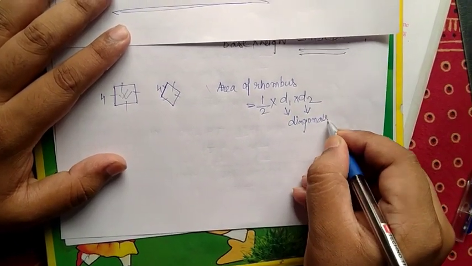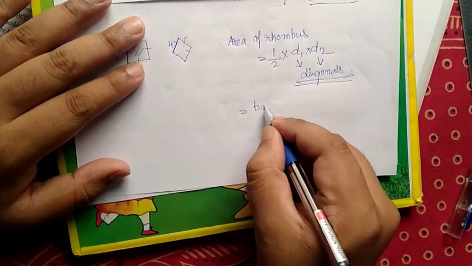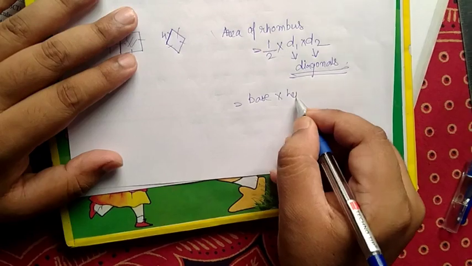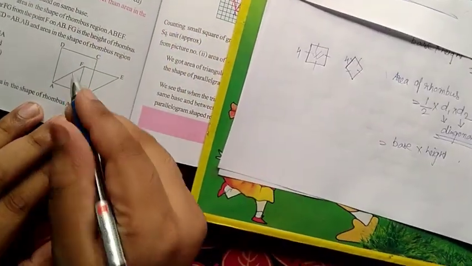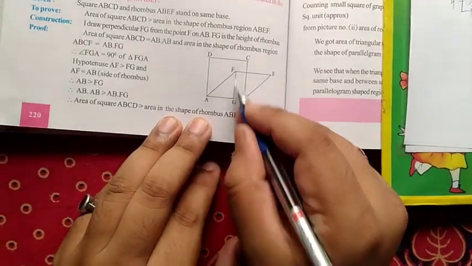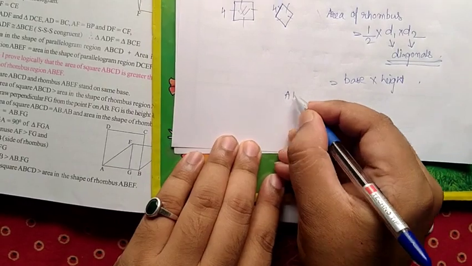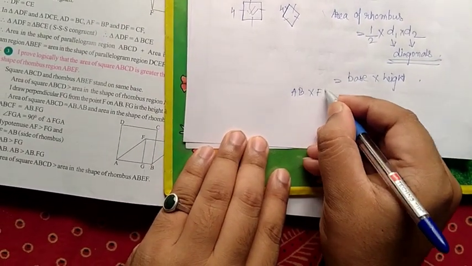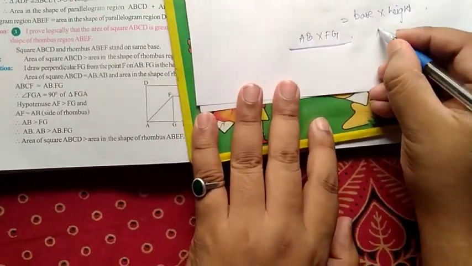And if diagonals are not given, we can write base into height. So here AB is the base and FG is the height. So AB into FG is the area, and the square area is AB into AB.